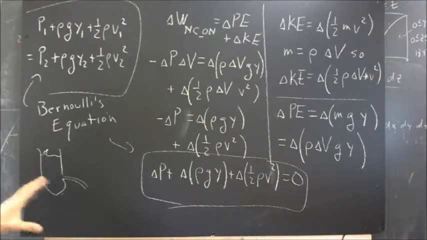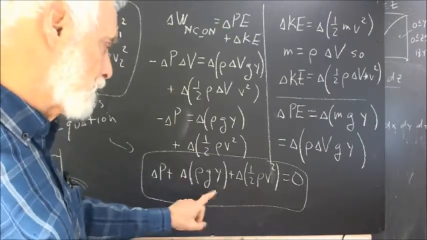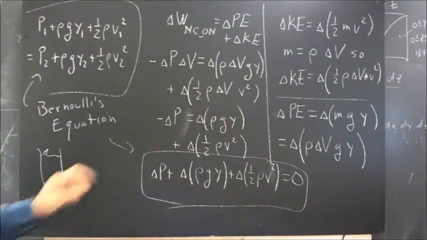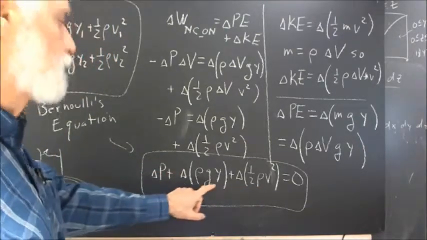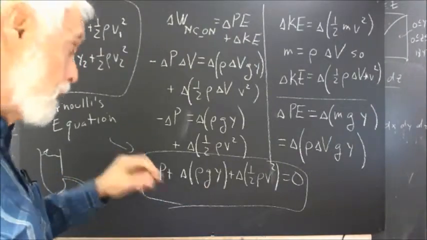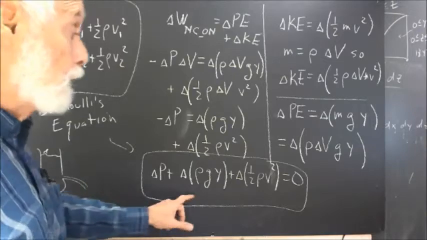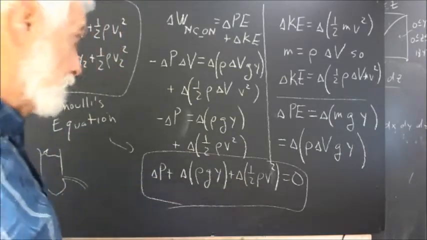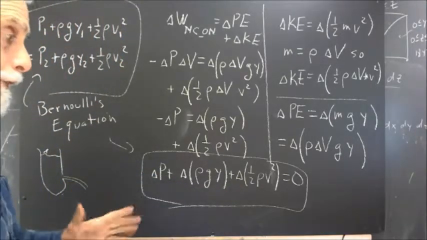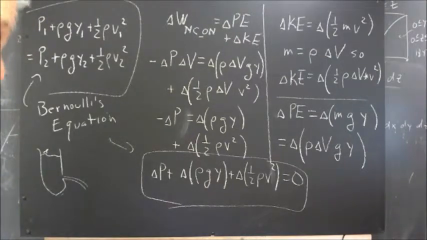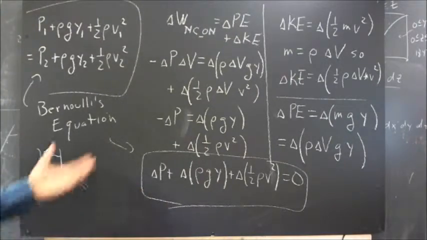And side comment, we're assuming that rho is constant and g is constant. In other words, we're assuming an incompressible fluid. We're assuming we're close to the surface of the Earth. This also applies to air, where rho isn't necessarily constant. Density of air can certainly vary in an airflow. Density varies all the time.